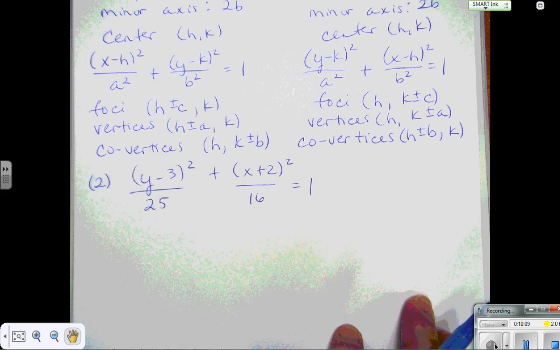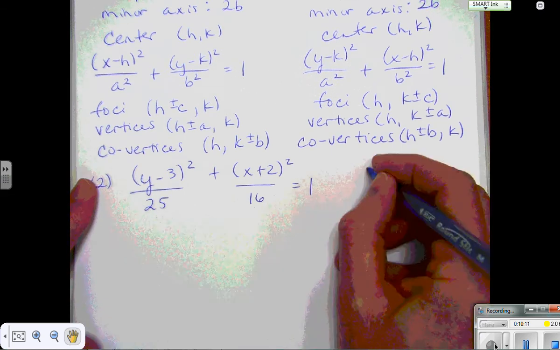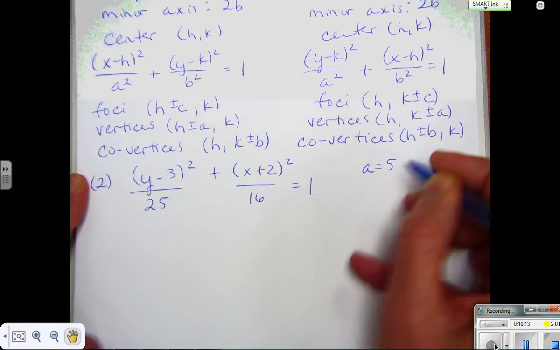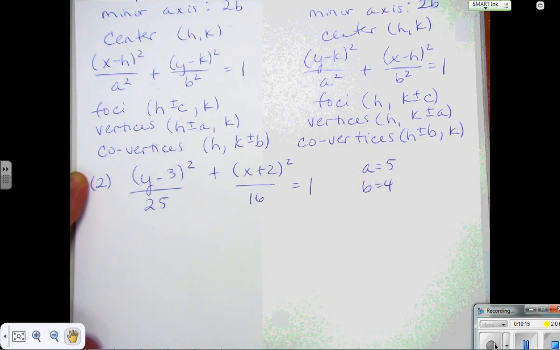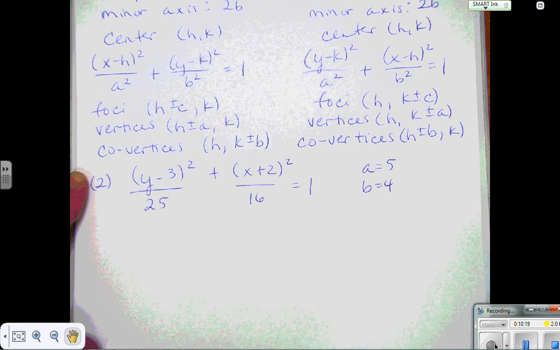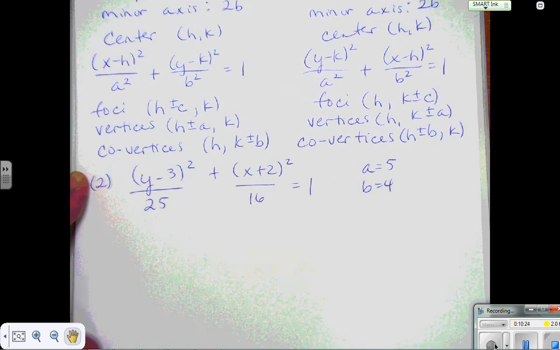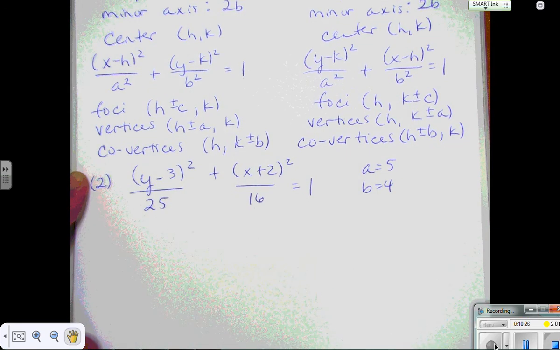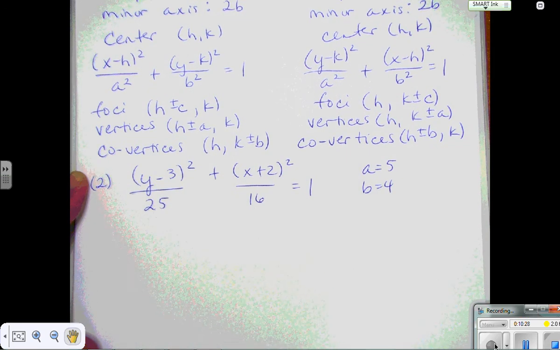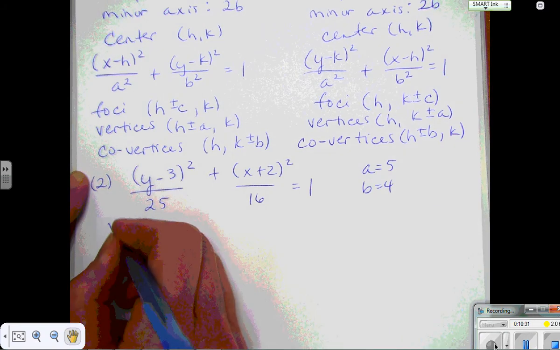Okay, so a is 5, b is 4. I'm going to need those because I need to figure out what c is going to be, and plus I'll get the foci and the co-vertices, vertices with all that. So first thing is to give the direction of the major axis. All right, so this is vertical.